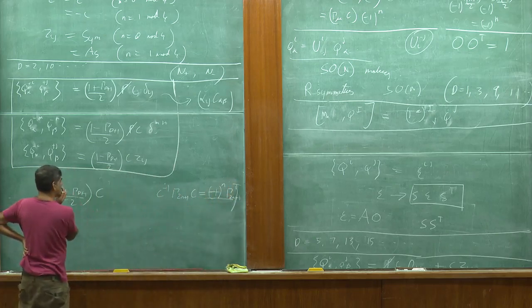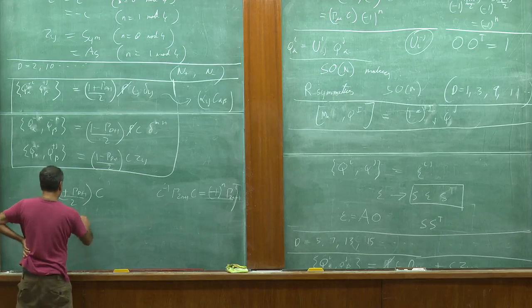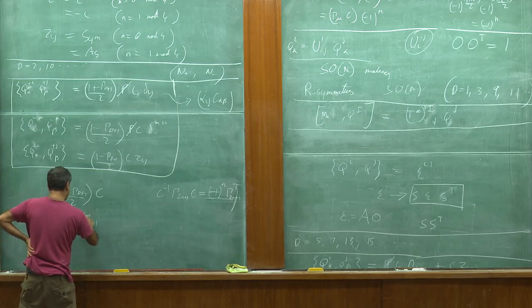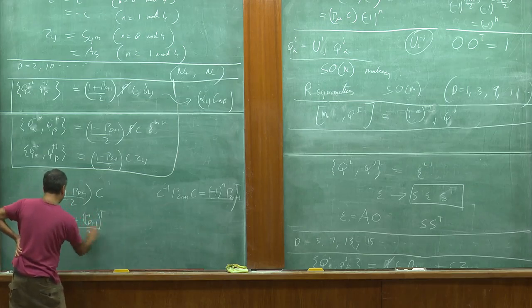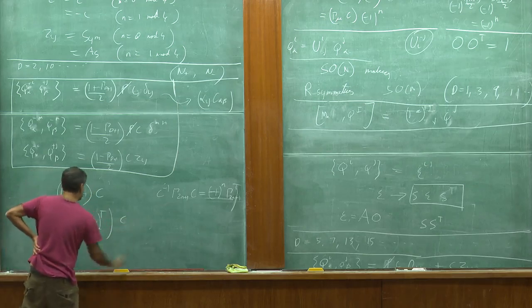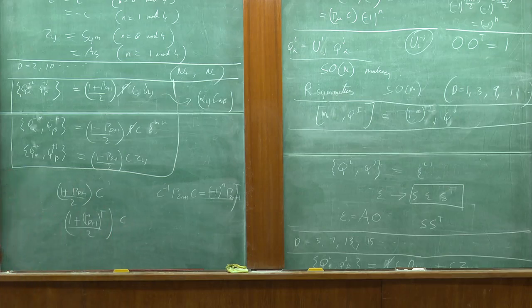Okay. So this tells us that we get 1 plus gamma d plus 1 transpose by 2 with a C. Yeah, I don't think transposition properties changed at all.